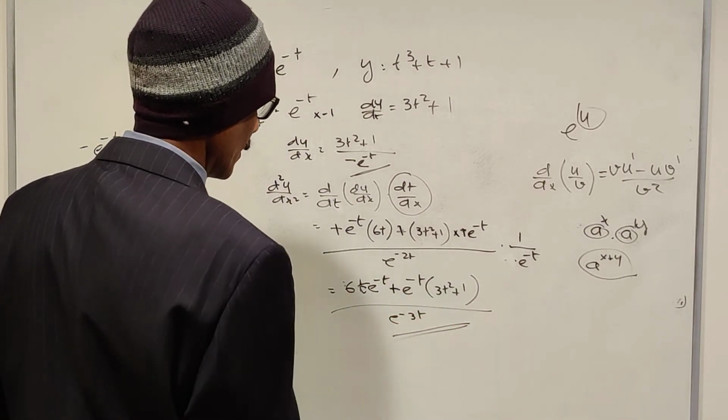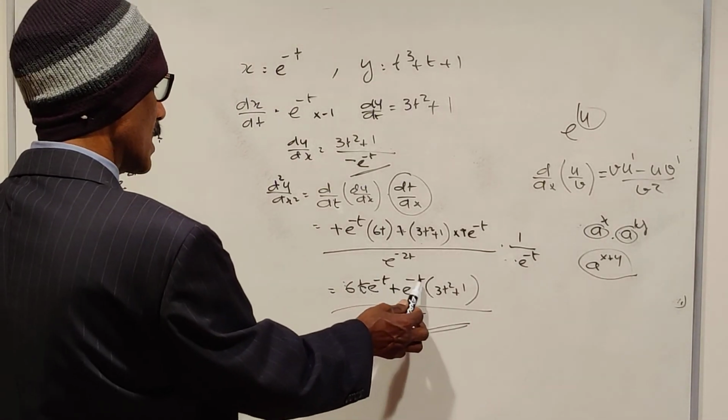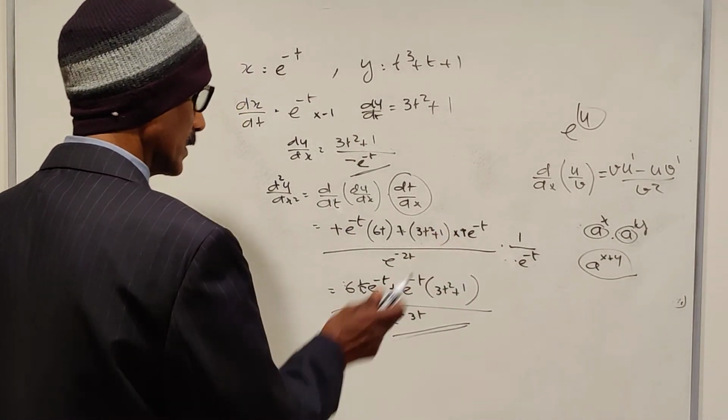That is the answer. You don't need to simplify this. Okay, you can simplify that. Take out e raised to minus t as a common factor, then you can simplify a little more. Okay, just leave it like that.